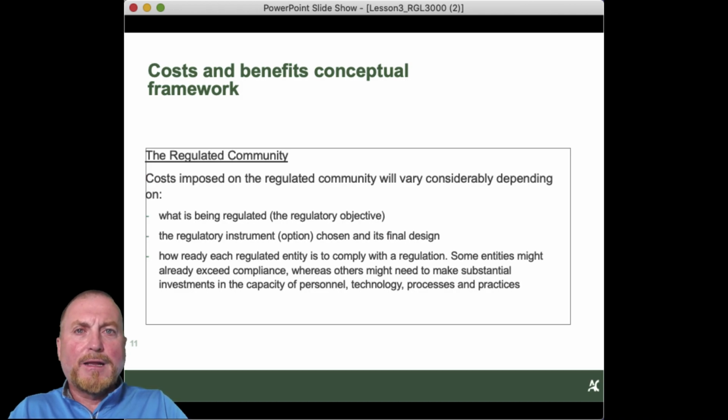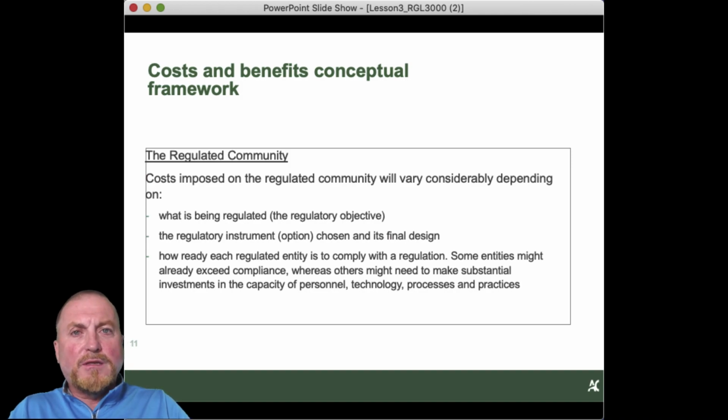For example, if we're regulating oil and gas for certain types of things within Canada, the big multinational oil and gas companies will probably have already been in compliance with a lot of this stuff for some time now. But the medium-sized manufacturers or producers in Canada may have a significant leap to come into compliance.